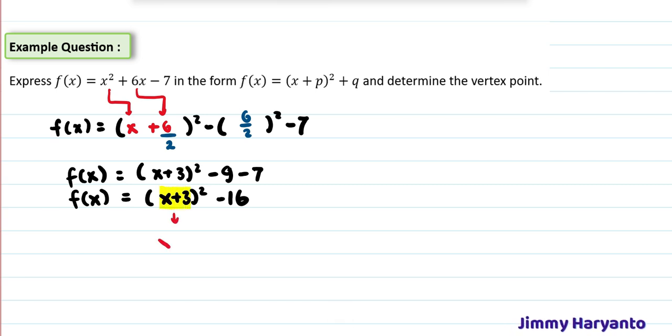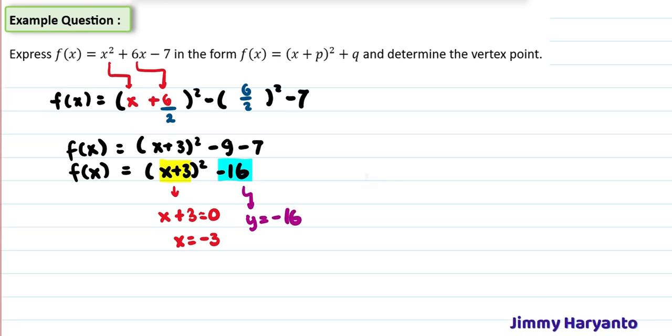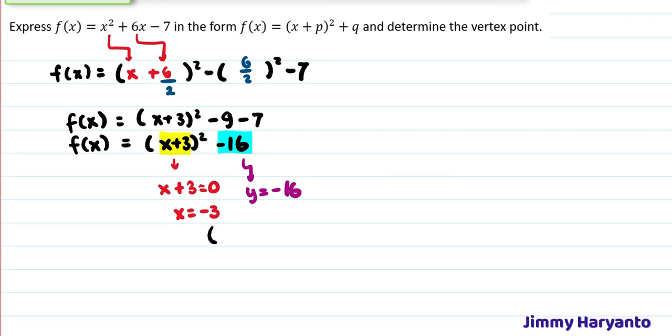As usual, you will find the value of x like this. x plus 3 equals 0, and then x equals negative 3. And then for the value of y, you only have to copy the last value, which is negative 16. That means if we combine the value of x and y, you will have (negative 3, negative 16) as the vertex point. So the final answer is this one.